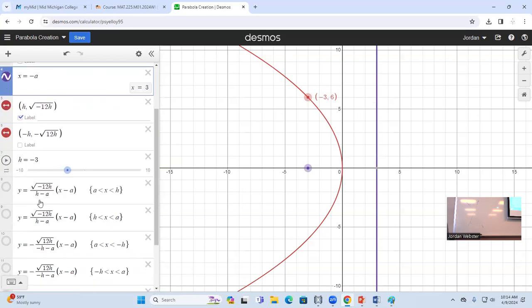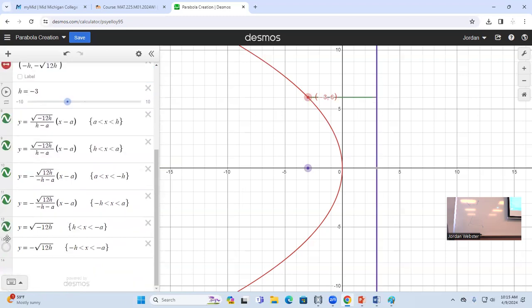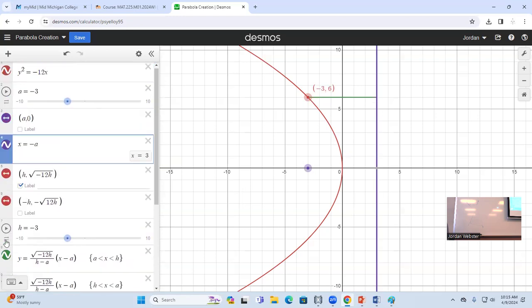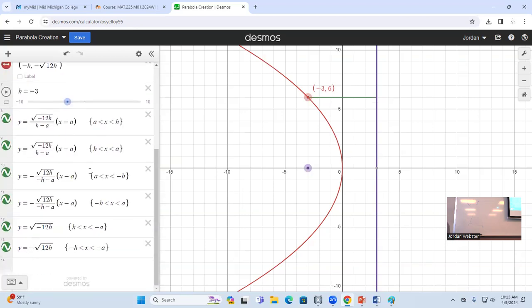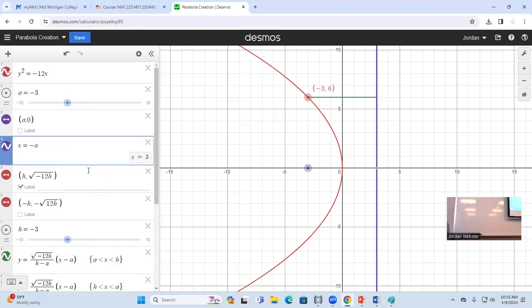So this point, -3.6, is equidistant from the focus and from the directrix.